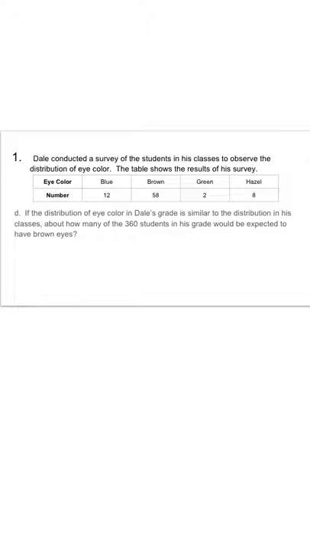Letter D. If the distribution of eye color in Dale's grade is similar to the distribution in his classes, about how many of the 360 students in his grade would be expected to have brown eyes? First, let's look at just this experiment. Out of the 80 students, we're looking for just brown eyes, so that's 58.